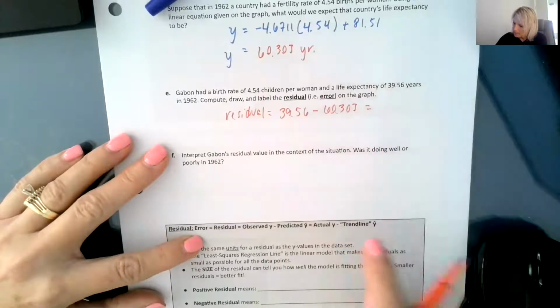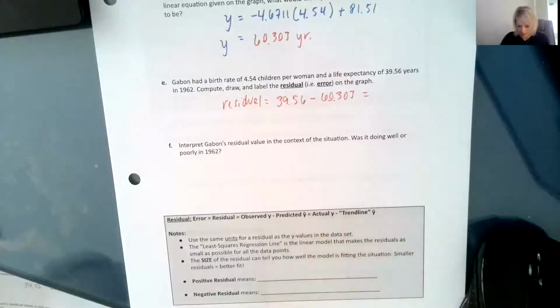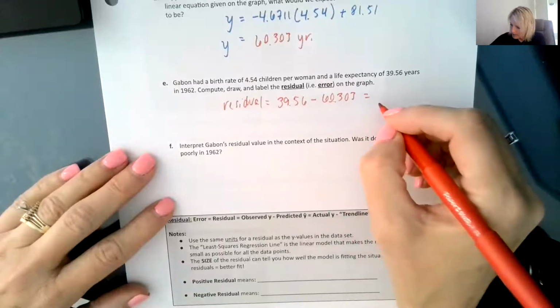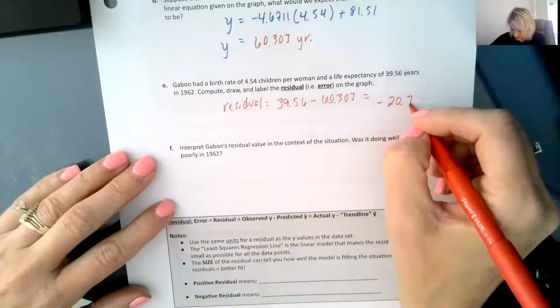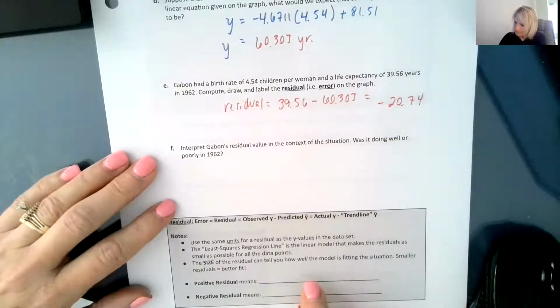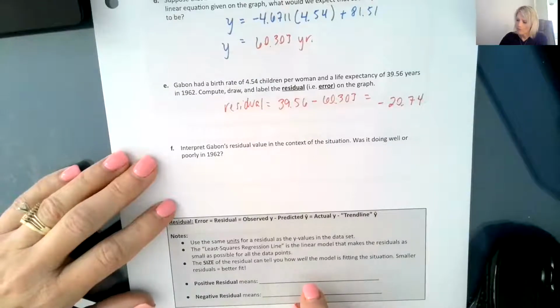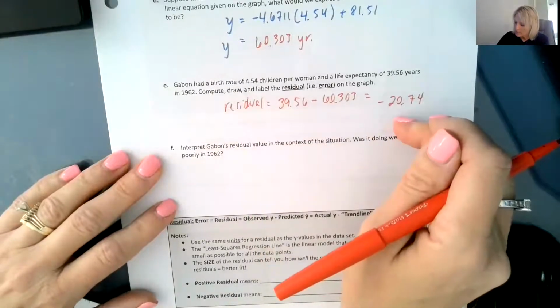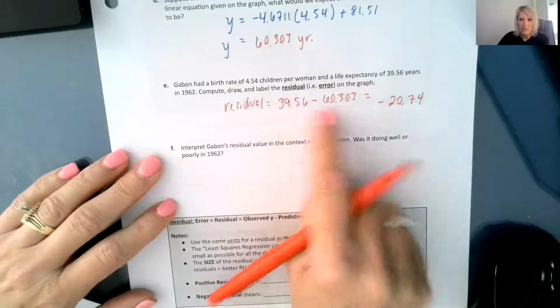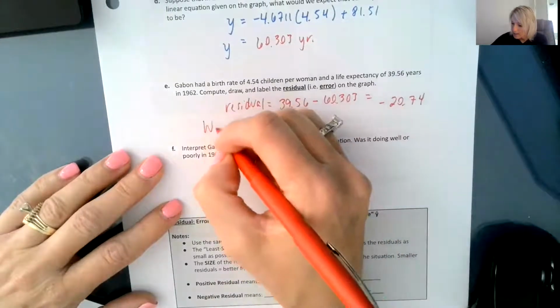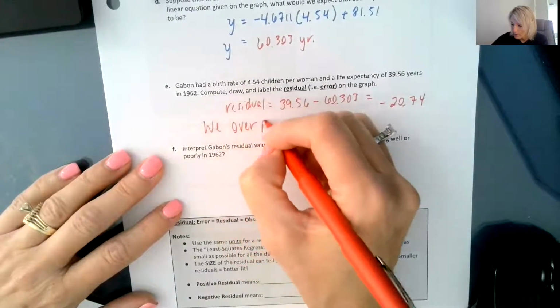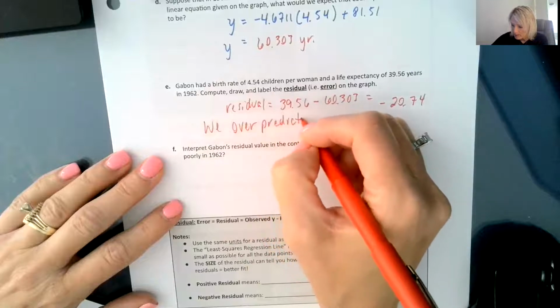Okay, so that comes out to be a negative 20.74. So negative 20.74 means the actual was under. So we over predicted.